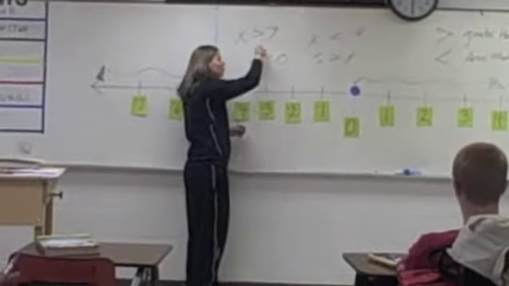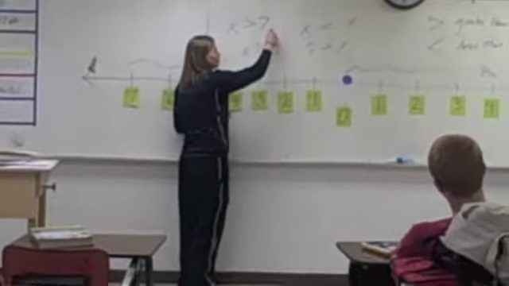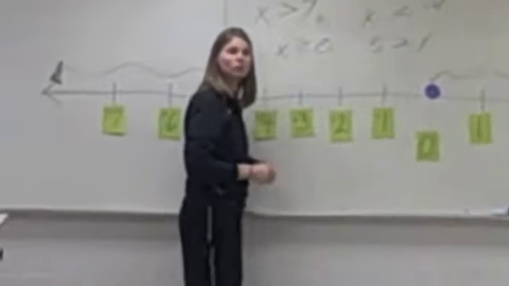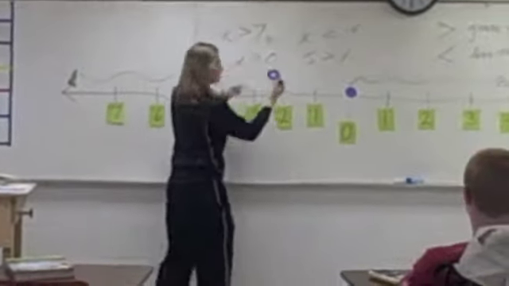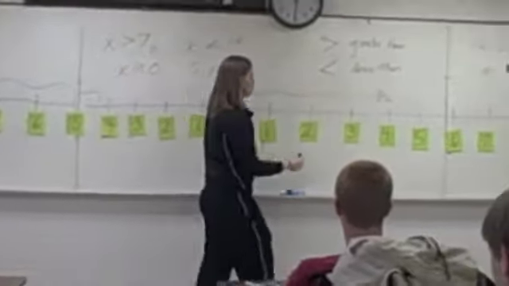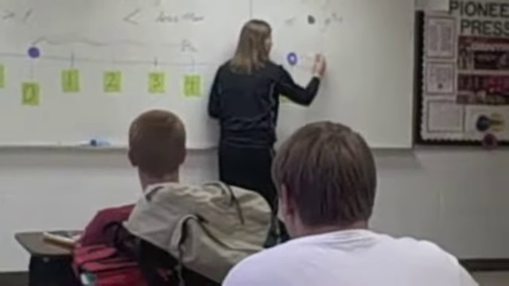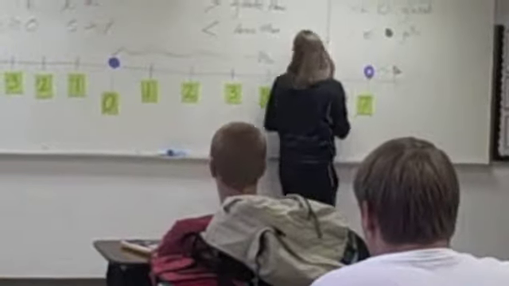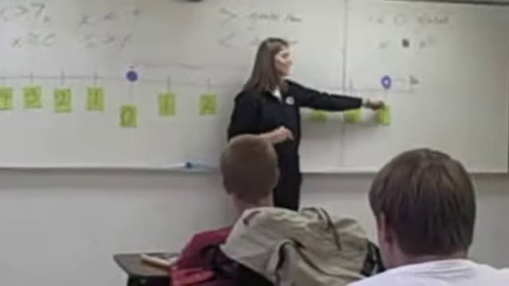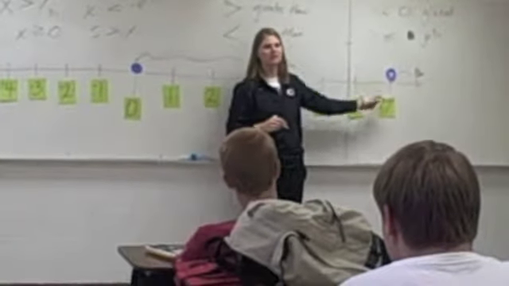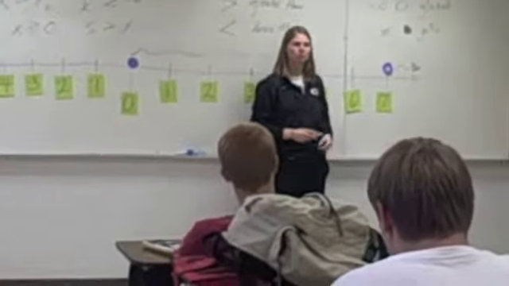It has to be more than 7. So could it be 7.1? Yeah, because that's more than 7. Because it's greater than 7 and not greater than or equal to 7, you can't include 7. It has to be more than. So that's why you use the open circle.